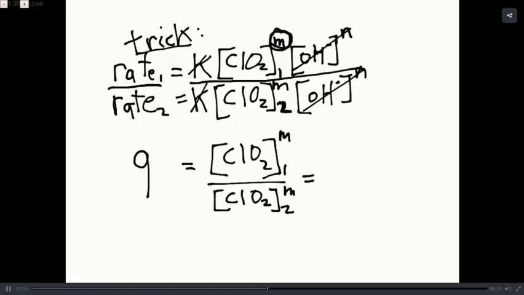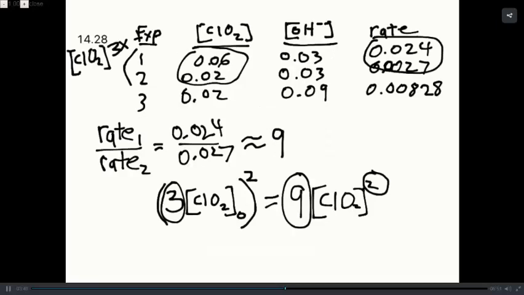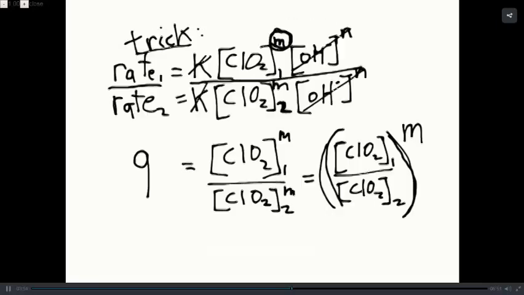Now I'm just going to rewrite the right side of the equation so that we can stick in here the ratio of concentration in the first reaction over the second reaction. Remember, the concentration was 3 times greater in the first experiment.